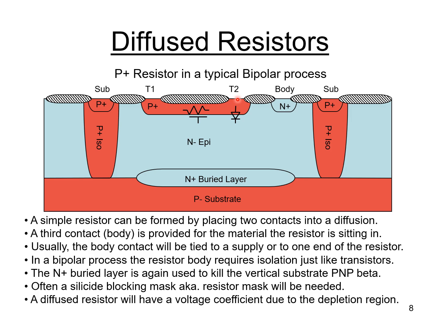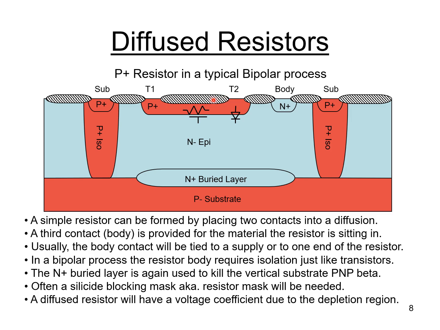That's great for making contacts, but for a resistor you want to get the resistance of the bulk material, in this case the P plus material. So you'd want to block that silicide at least over the body or the main part of the resistor here.